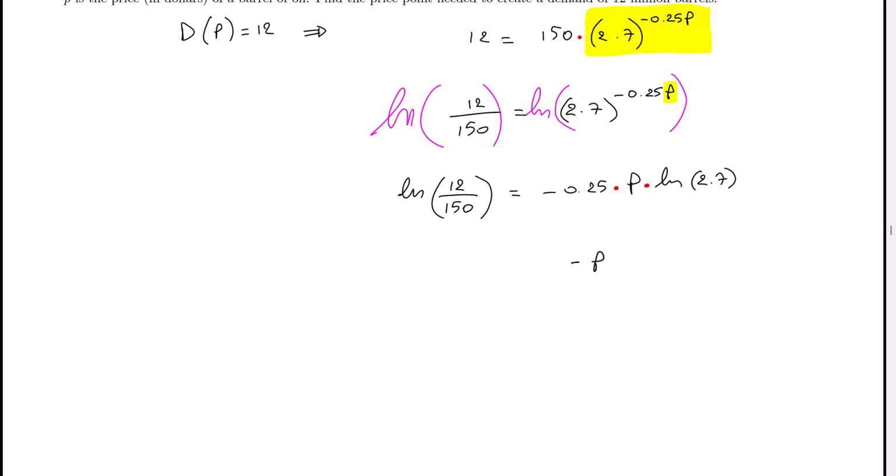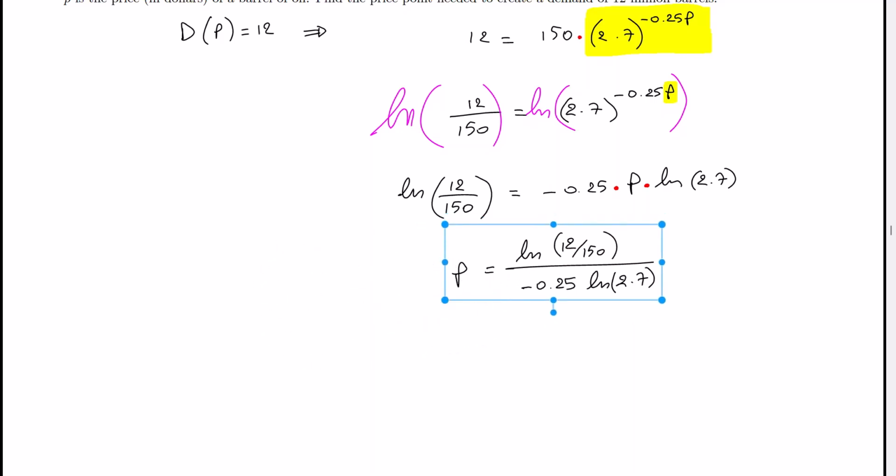So P is ln of 12 over 150, all divided by negative 0.25 ln of 2.7. Let me write it in front of this so that it's easier to see, and we will just need to plug it into the calculator to get the value that we're searching for.